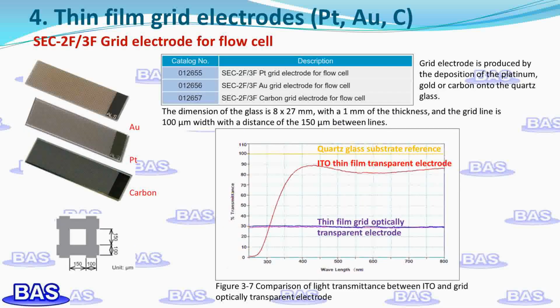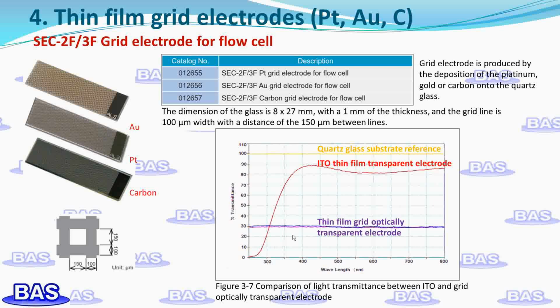The quartz glass substrate is used as the optical path reference, with 100% light transmission, and the light transmittance of the ITO electrode and the grid electrodes, such as gold and platinum, are compared. It can be seen that light in the ultraviolet range cannot easily pass through the ITO electrode. The light transmittance at a wavelength of 280 nanometers is about 10%.